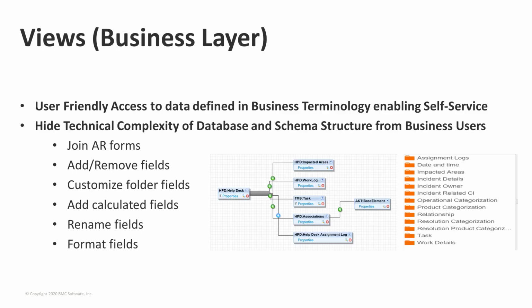So like I said, a view is a business layer where you define the table relationships. So using views, you can also hide the technical complexity like schema, joins, or other database complexity. For example, a field may have a technical name in the database which the end user may not be aware of.